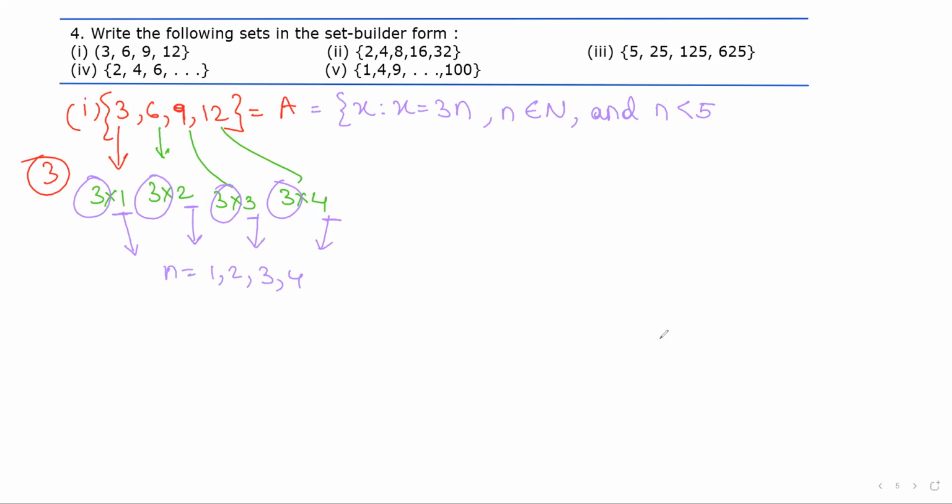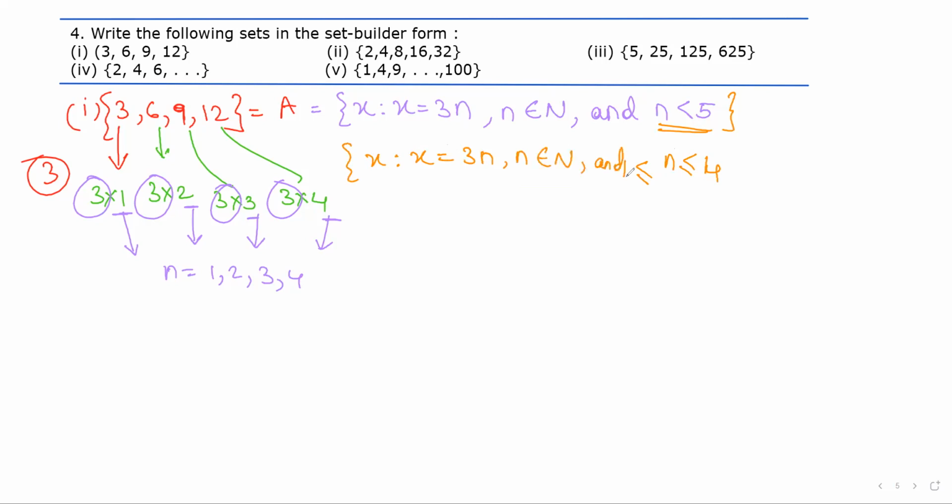Instead of less than 5, you can also write n is less than or equal to 4 or 1 less than or equal to n less than or equal to 4. So the same set can be written in set builder form in 2 methods.